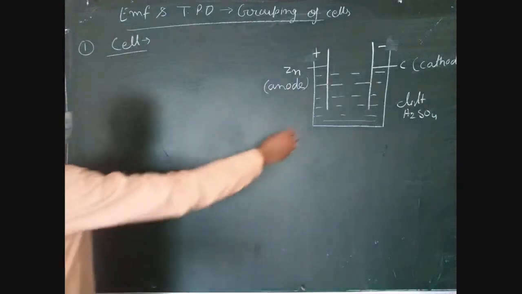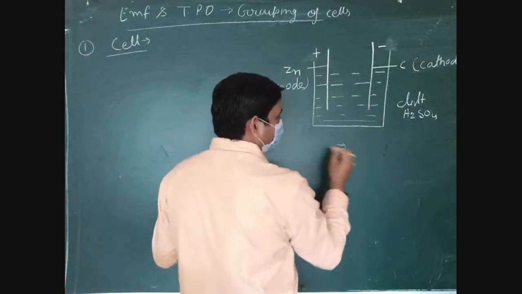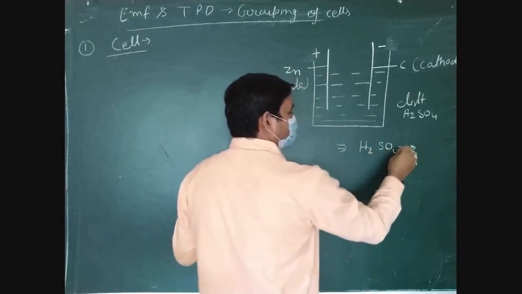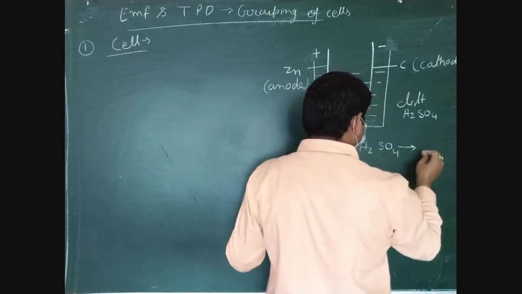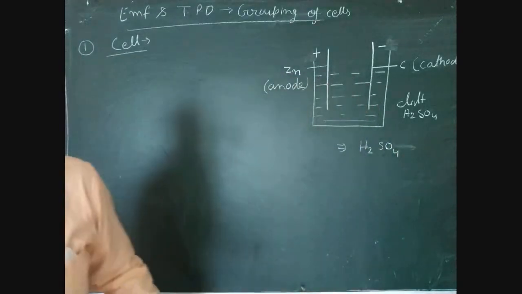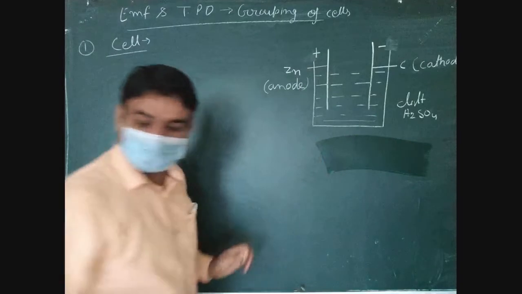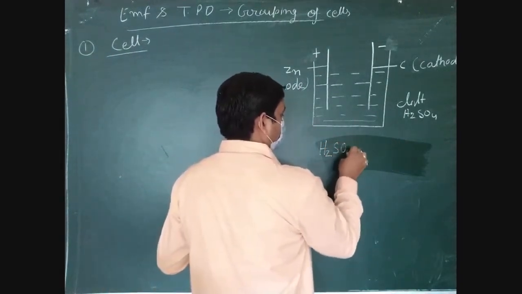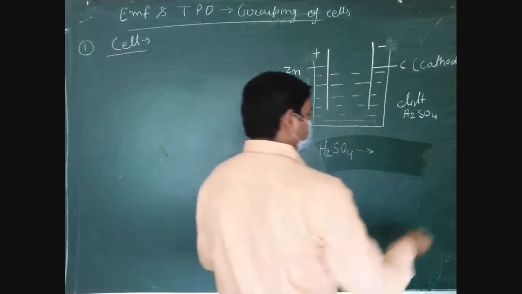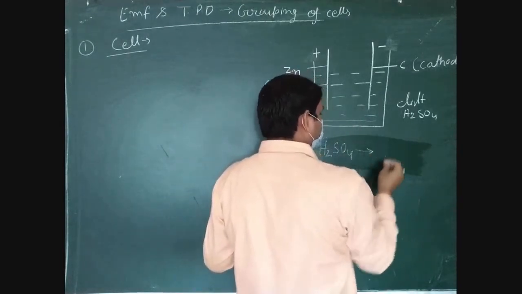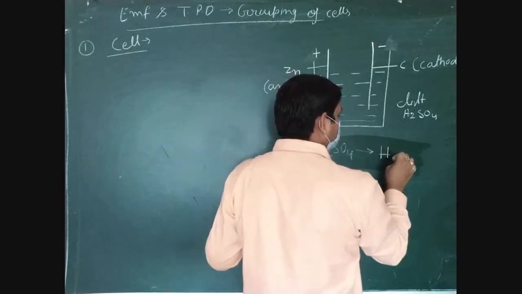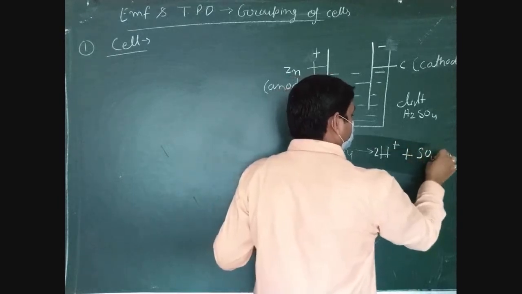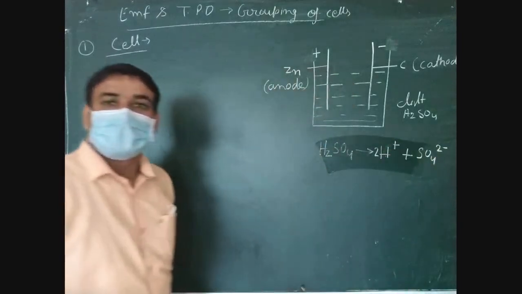Now, as we know, when H2SO4 is oxidized or heated up, it will break into 2H plus ions and SO4 double negative ion.